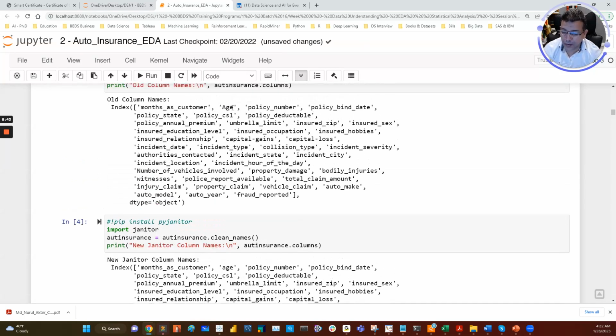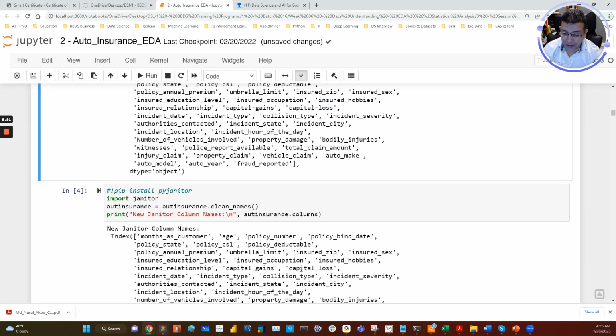So for example, we have Age, capital A, transformed to a lowercase a. We have capital-loss transformed to capital_loss. The same applies for capital-gains, now capital_gains.